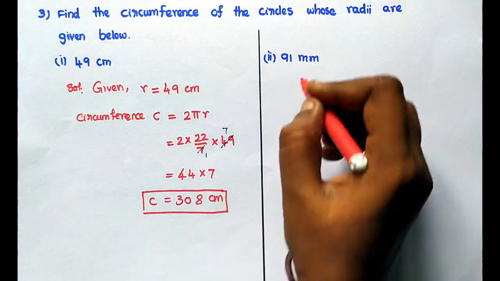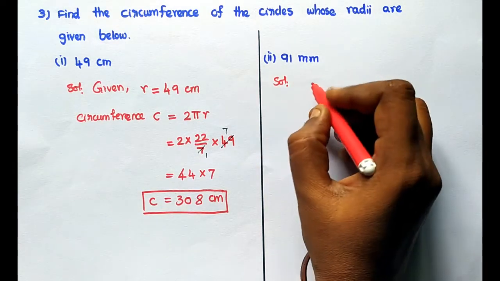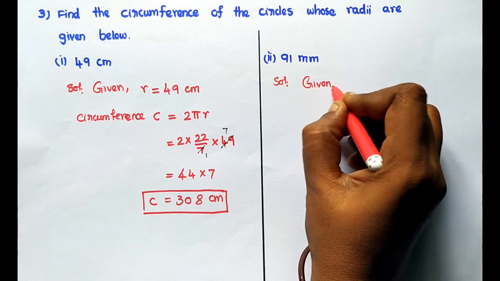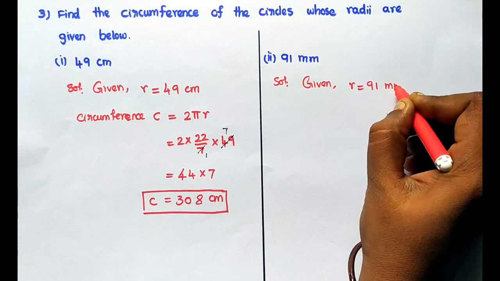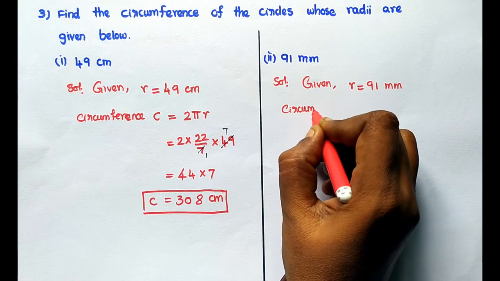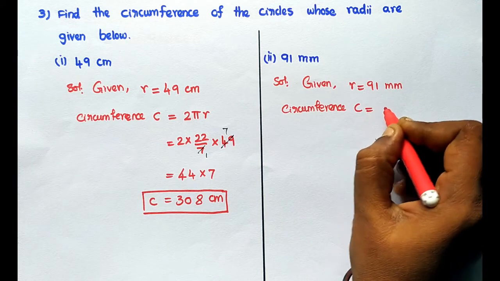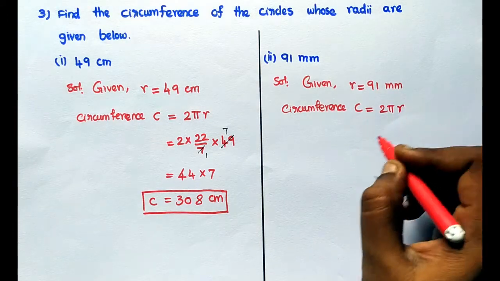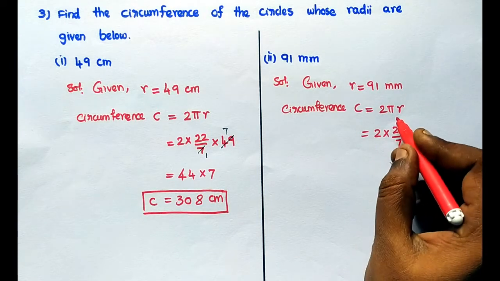Next one, 91 millimeter. So given r equal to 91 millimeter. Now circumference equal to 2 pi r. Now 2 into 22 by 7.